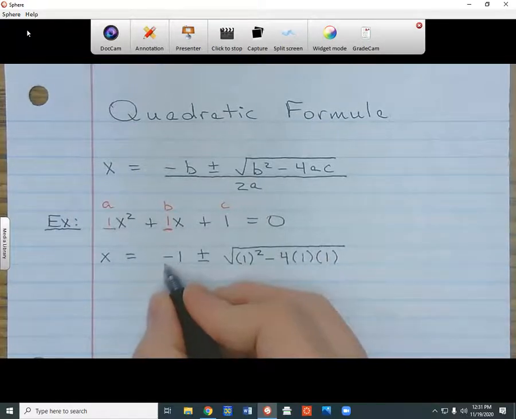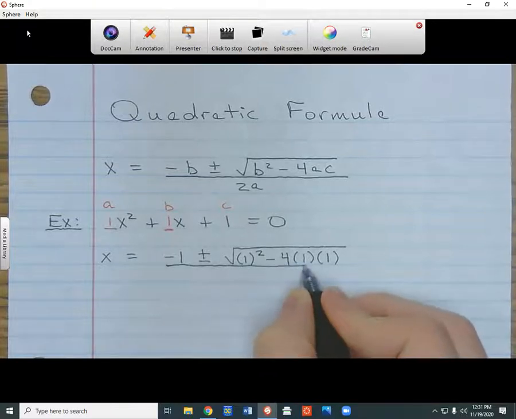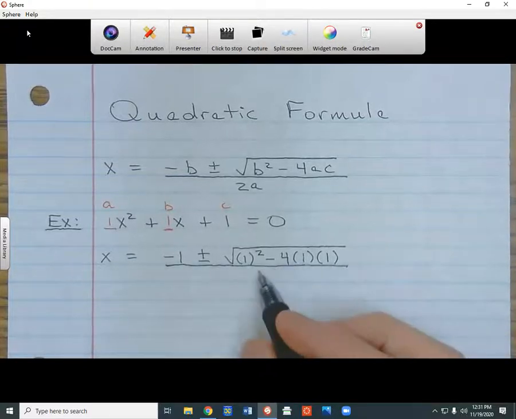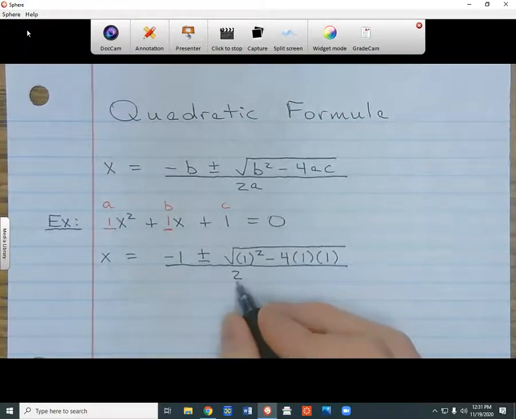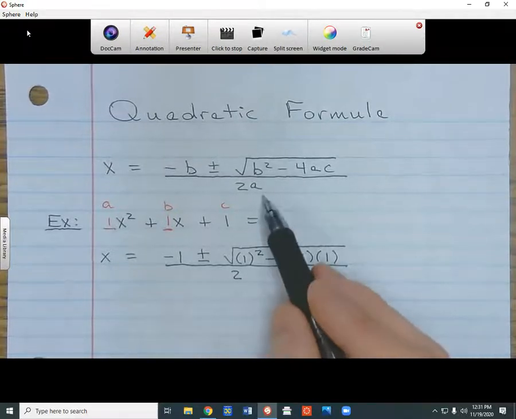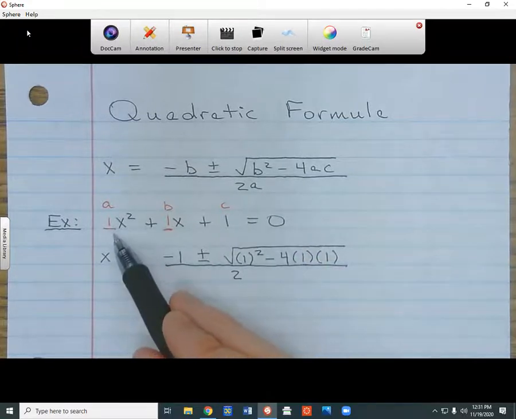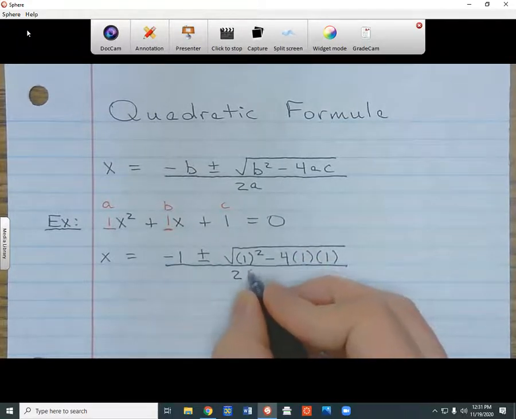Now the final step is everything is going to be divided by 2A. The 2 is always a constant, so the 2 doesn't change, but the A right beside it is 1, so I'm going to put a 1 inside parentheses at the bottom.